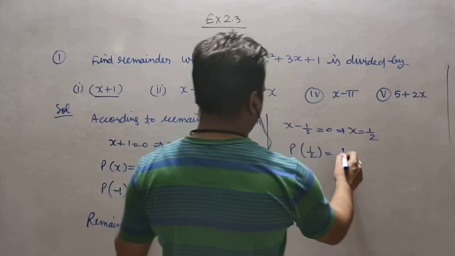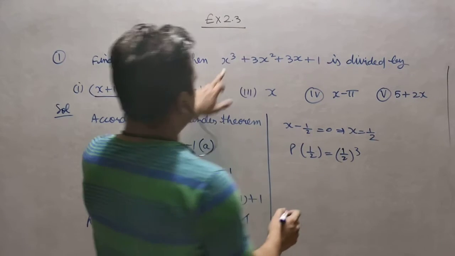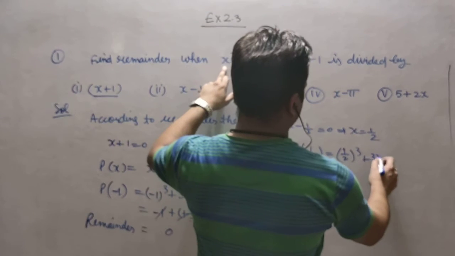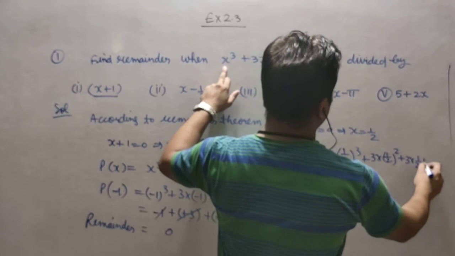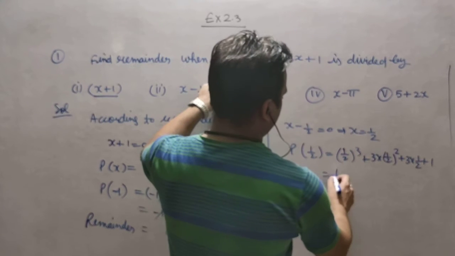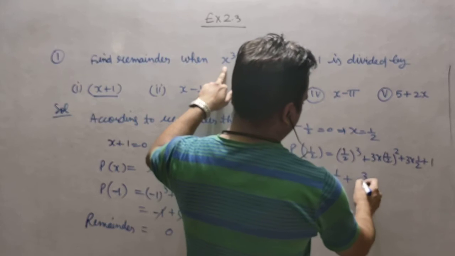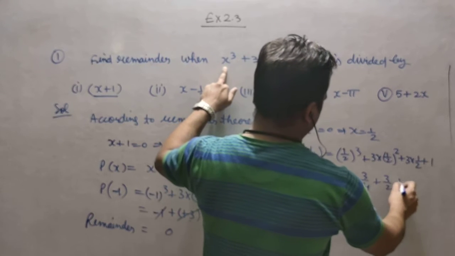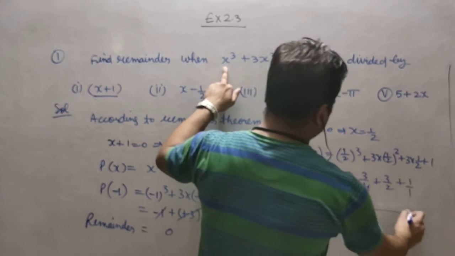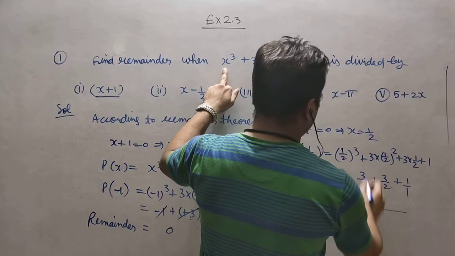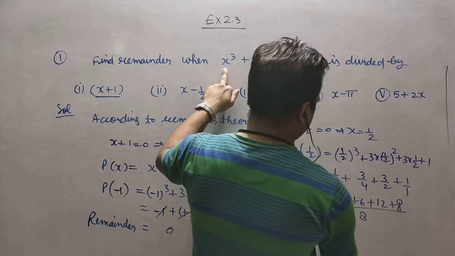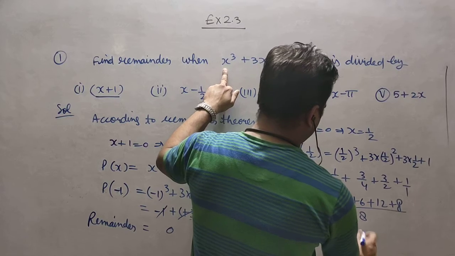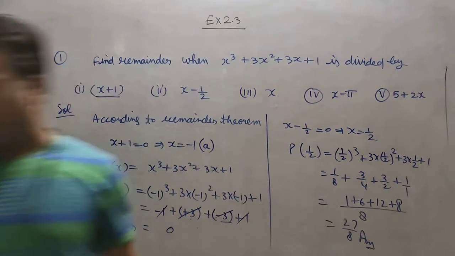So we put 1 upon 2 cube, plus 3 into 1 upon 2 square, plus 3 into 1 upon 2, plus 1. So it will be 1 upon 8, 3 upon 4, 3 upon 2, plus 1. The LCM is 8: 1 plus 6 plus 12 plus 8. So 27 upon 8 is the answer.